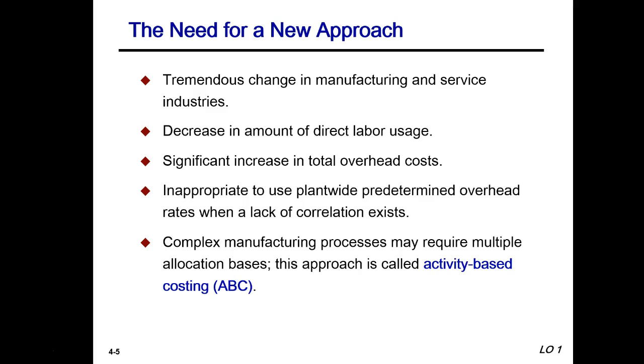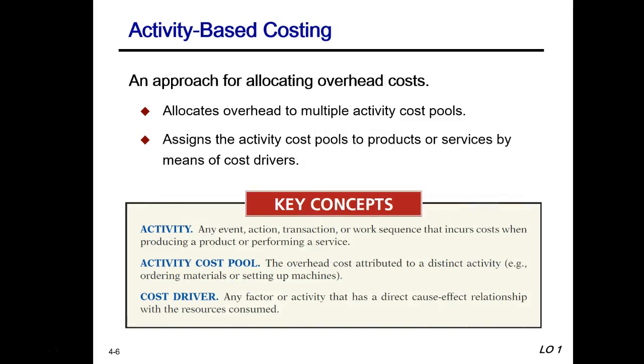Instead of using one method of allocating costs, ABC uses various methods. So what we do here is we allocate the various overhead to many activity pools, and we will come up with something we call a cost driver that has the method of allocating these costs.